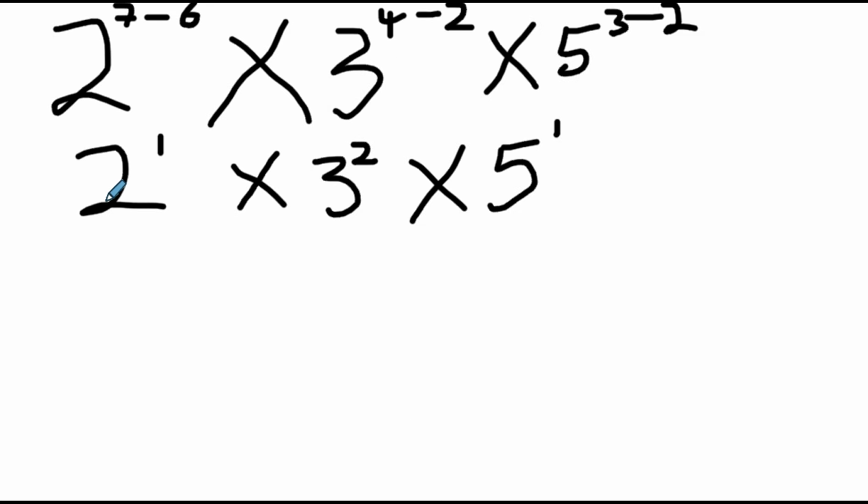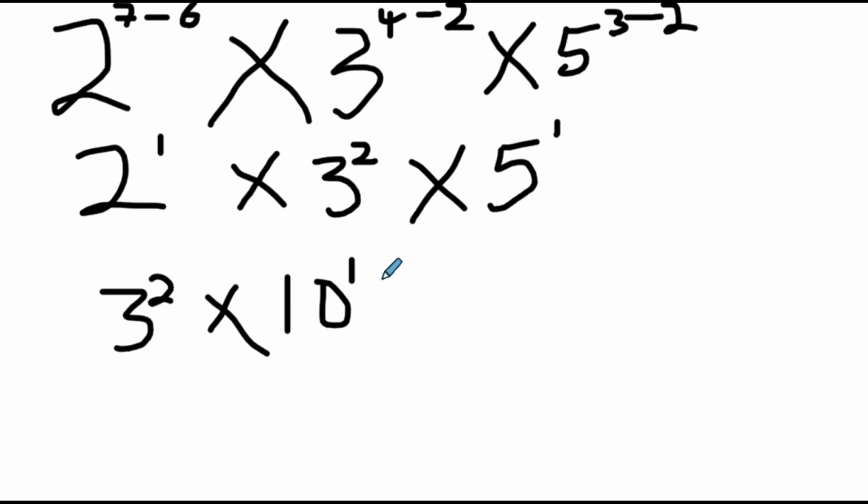Here we can just say 2 times 5 is what? 10. So in standard form, I will now say 3 raised to the power 2 times 10 raised to the power what? 1. Well, if you want, you can forget the power 1.